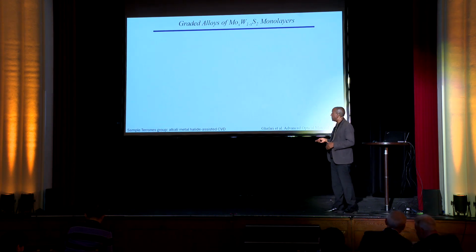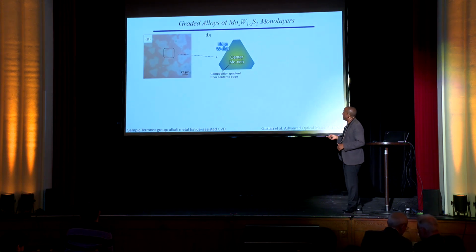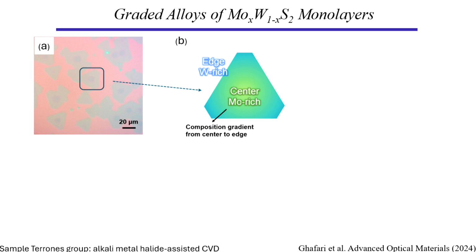So motivated by these intriguing results, recently we went ahead and investigated an even more complex sample, which has a composition gradient, where the outer layer is tungsten rich and the inner layer is molybdenum rich, and all the way you change the composition from the center outward.